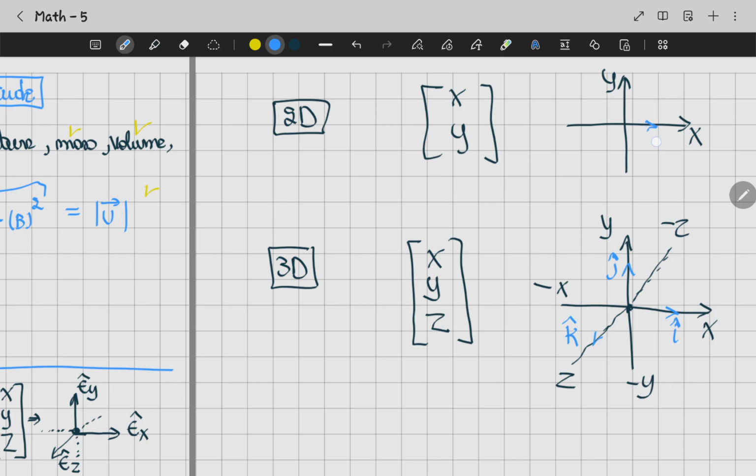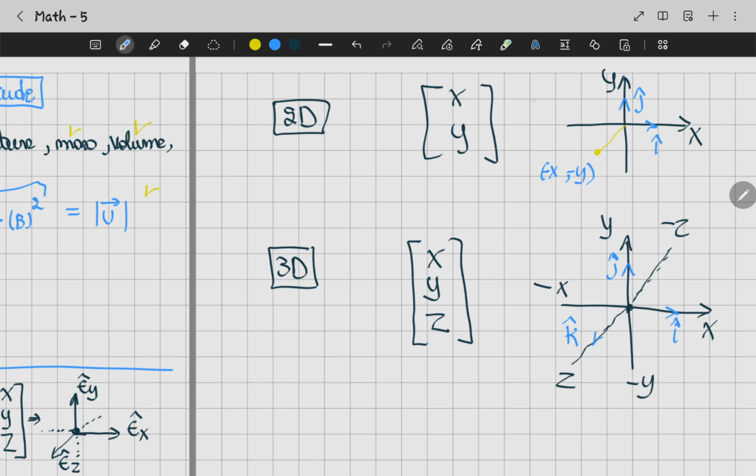So it's going to be i, j, something like that. And that means if we need to locate this point, it's going to be x, y, z. So I know y will be negative and x will be negative in this quadrant. Since this is 2D, we're not going to need z.